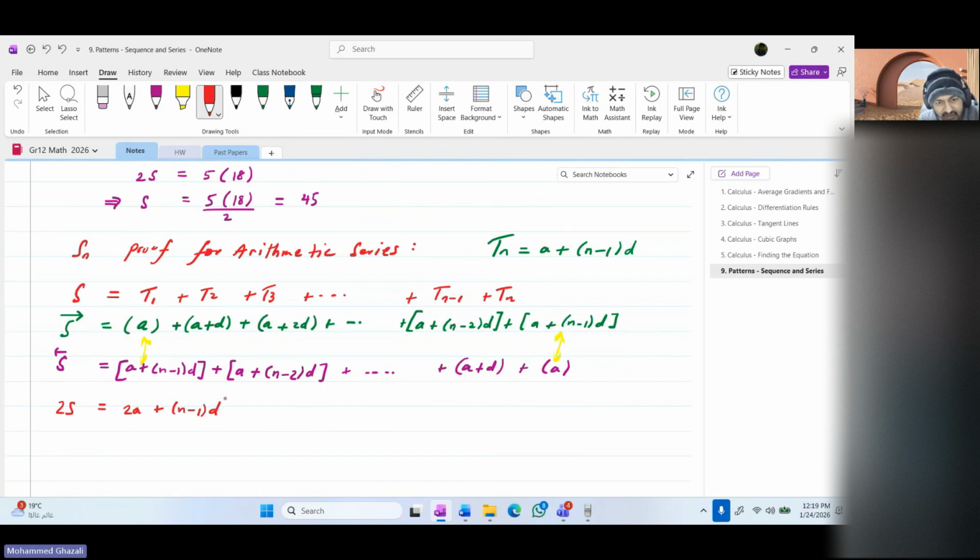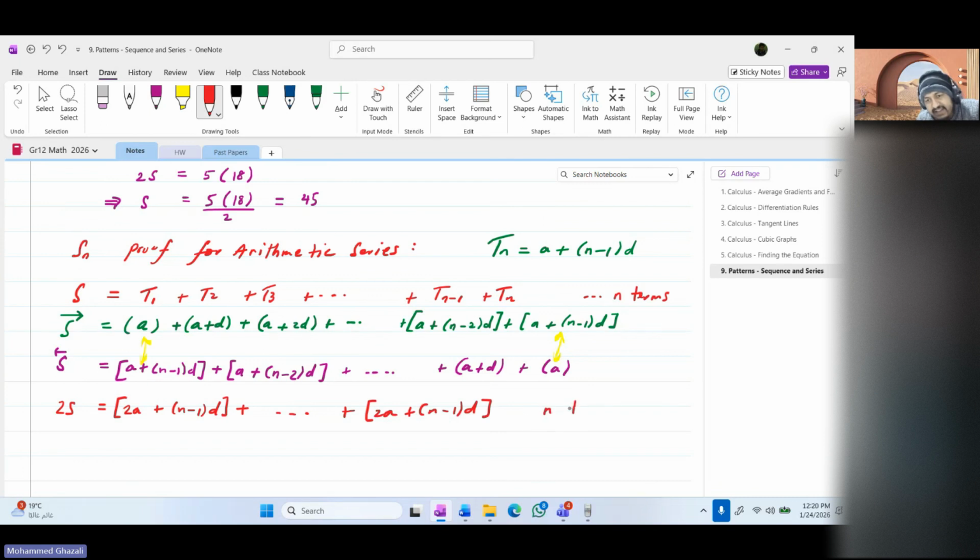And if you add up this one, you're going to get the same thing. So carry on, plus. And by the way, how many terms are there? There are n terms. If you add up those two, you'll get the same thing. So plus dot dot dot plus a plus a is 2a plus n minus 1 d.